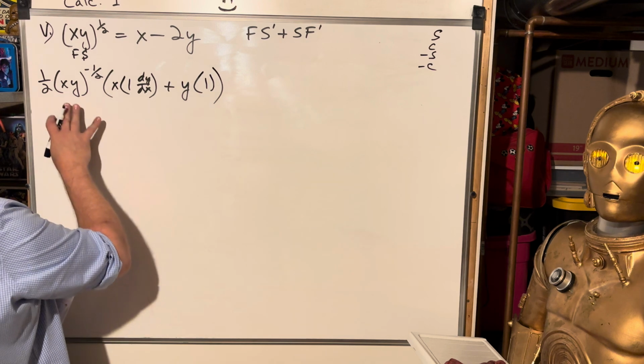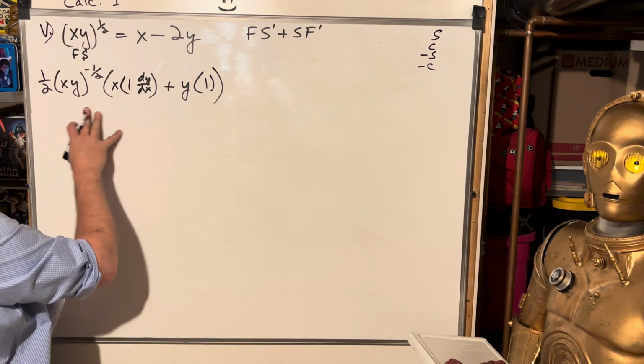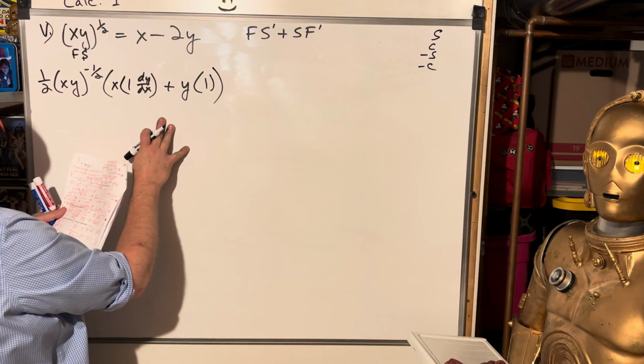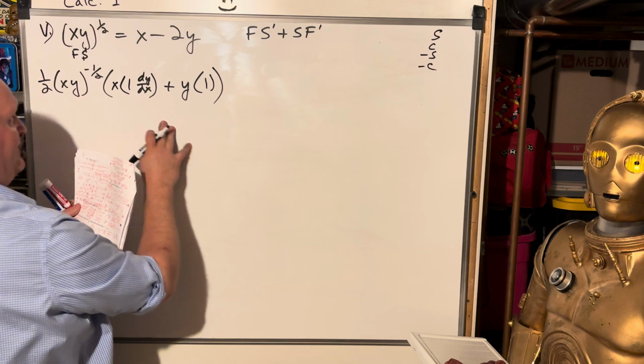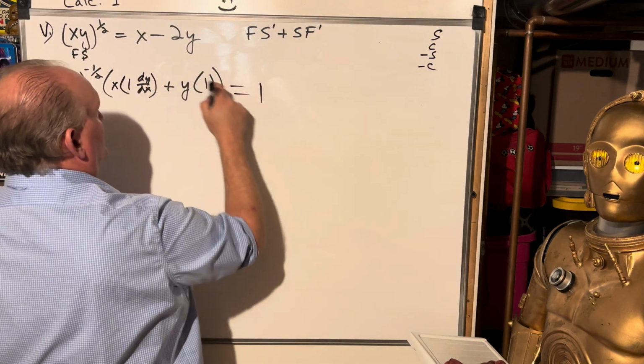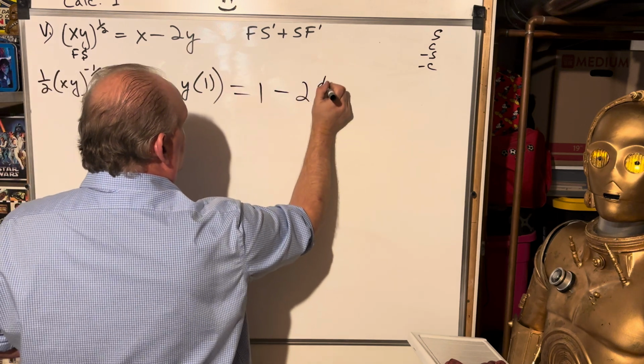And so that was the chain rule, because we did the 1/2 thing and the negative, right? Everybody on board? Yeah? Okay. And then equals, do the derivative of that, that's 1, minus the derivative of that, that's 2, but we need a dy dx on it.